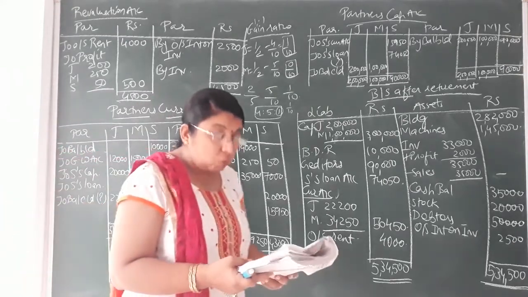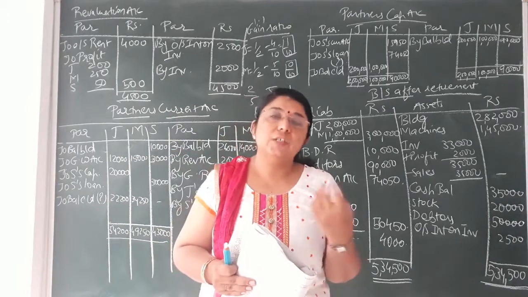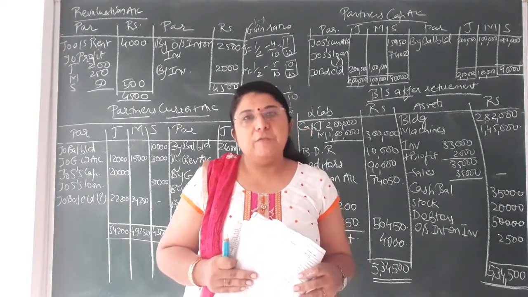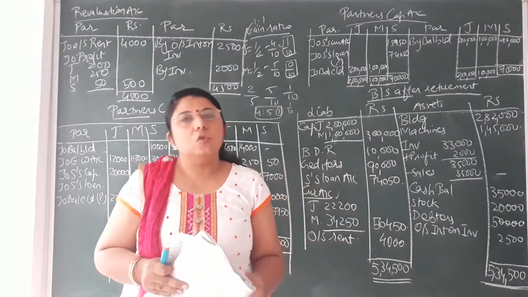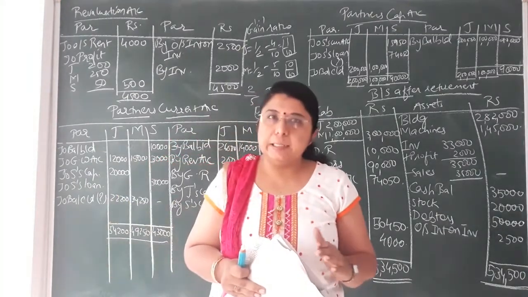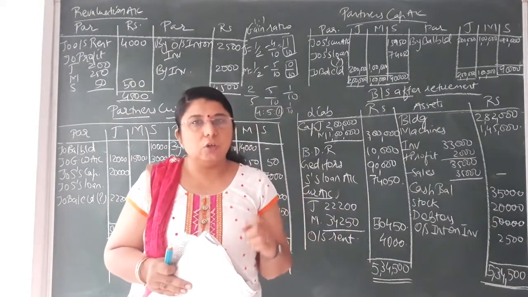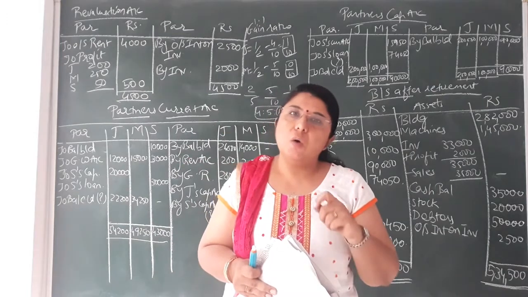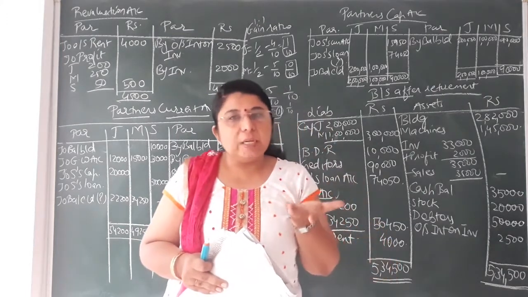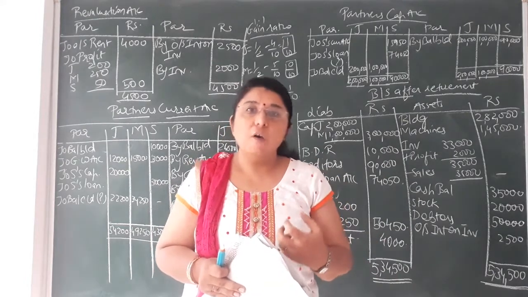Then one point remains, that is, due to sale of investment, cash is received by the firm. Whenever you sell any investment, the investment goes out of the firm. So the investment account would be credited and cash comes in, so the cash account would be debited. So our journal entry would be cash account debit to investment account credit. So the cash balance will be increased by rupees 35,000 because that much amount of cash came into the firm, right?